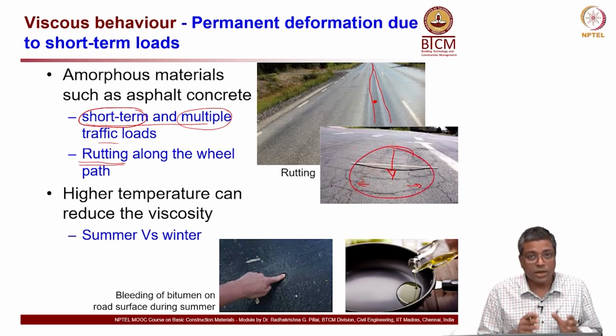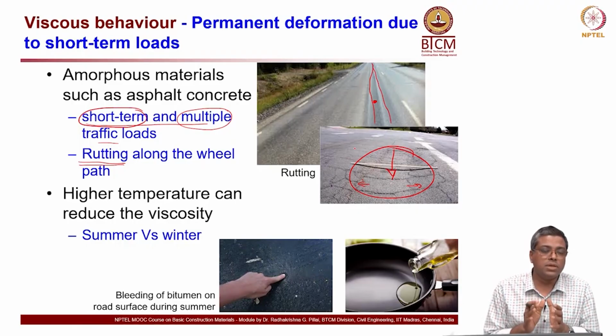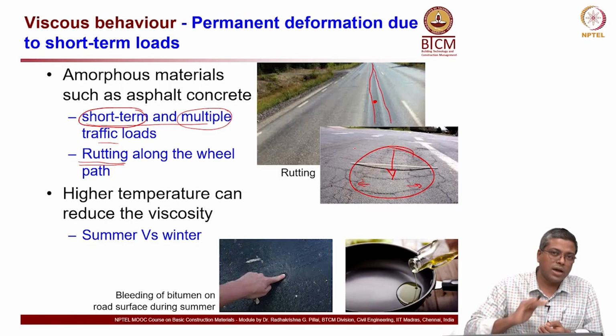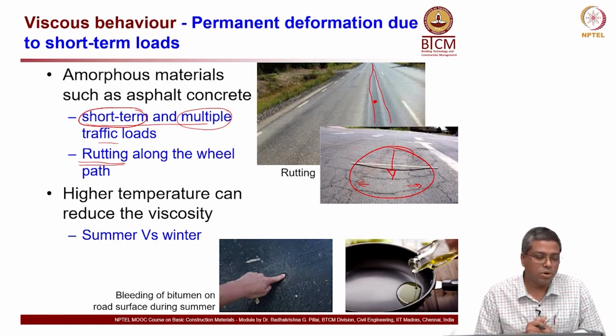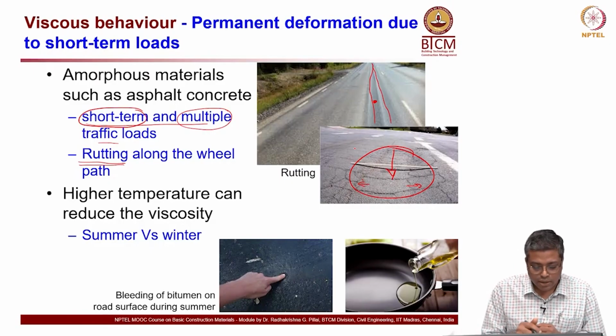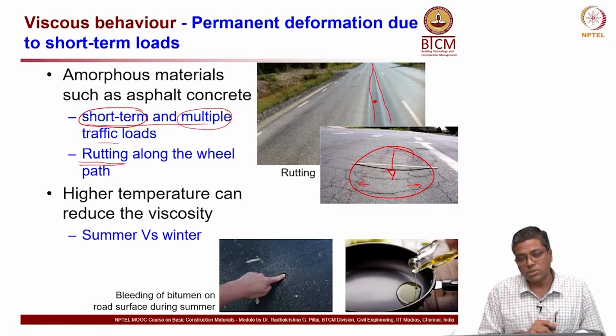So, we call it rutting, and this is happening because the material is moving or flowing. It is not flowing like water, but it is flowing at a very, very slow rate as every vehicle passes through the road. Now, higher temperature can reduce the viscosity.